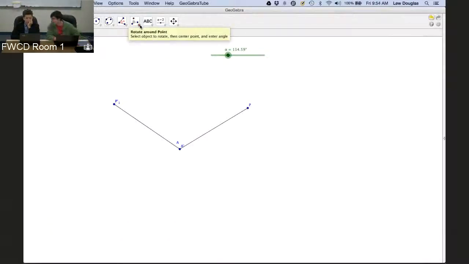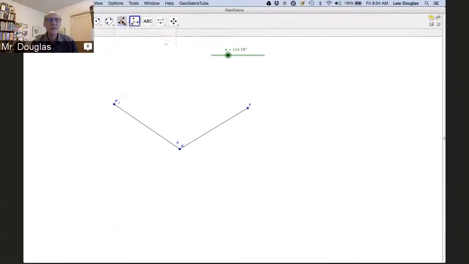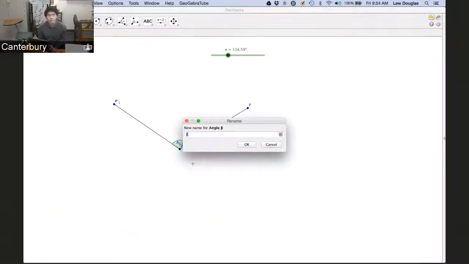Oh, I know why. I didn't make the angle. Which is here. I have to make the angle. It has to know what it's talking about. So from here to here to here, and I have to rename the angle and call it alpha.